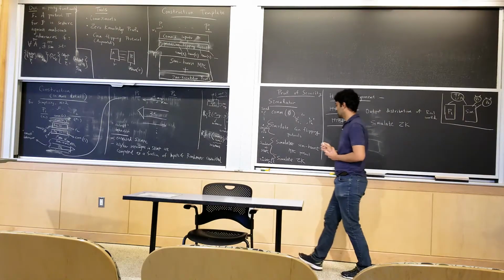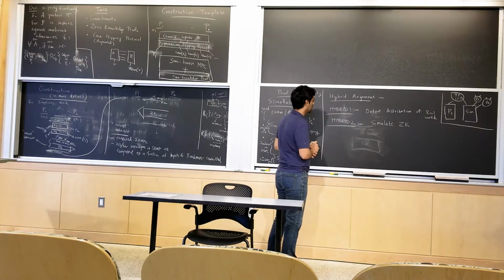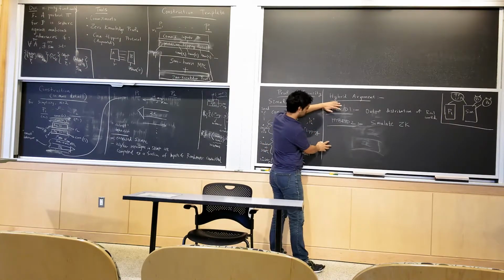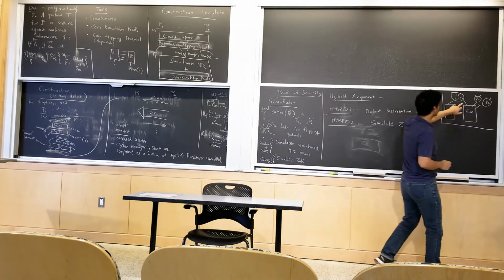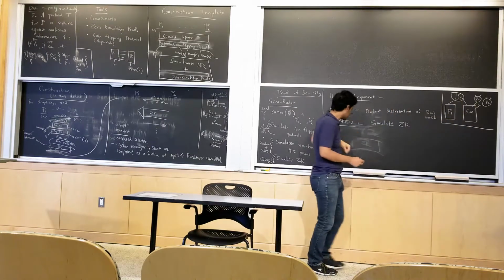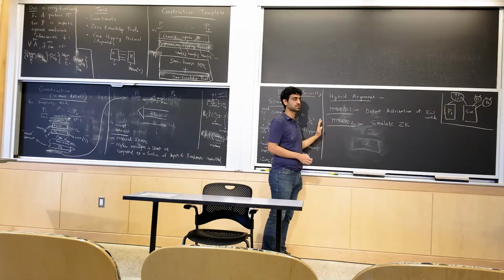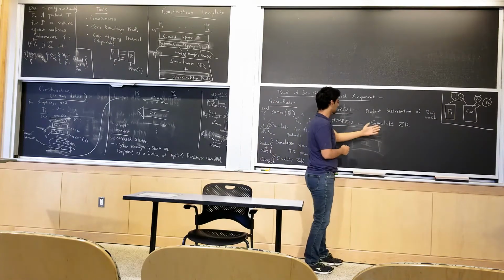So these are going to be the main hybrids, but as I said, there will be this issue of sending inputs to a trusted party. I'm going to come back and modify these hybrids slightly, but for now let me present the template. As I said, we need to simulate zero knowledge.